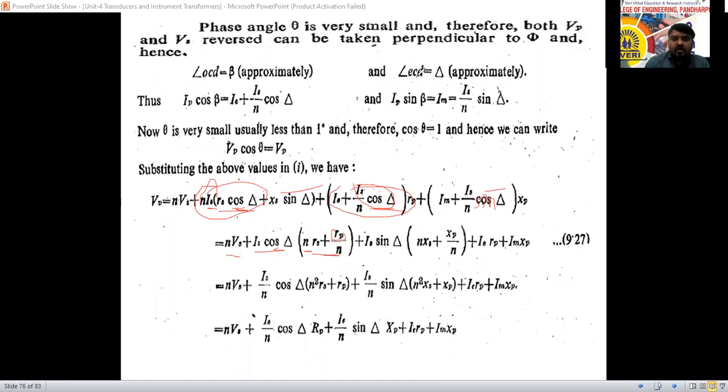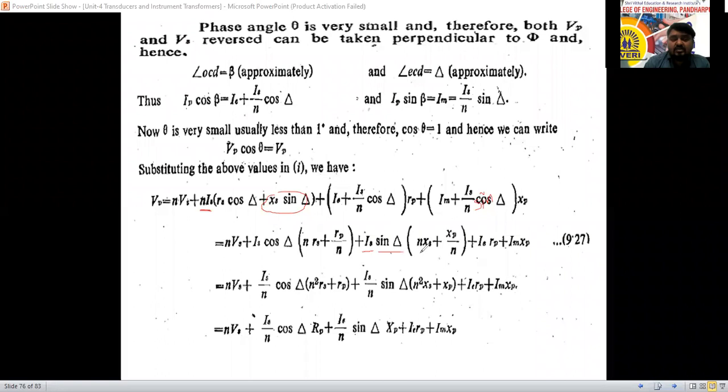Next what we will do, I will erase all the things. Here XS sin delta is there, and here this one is sin delta. XP, multiplying that one, sin delta is there already, NIS outside is there. What I will consider, I will take outside IS and sin delta here. Now from this one, sin delta taken outside, so N and XS term is left here.